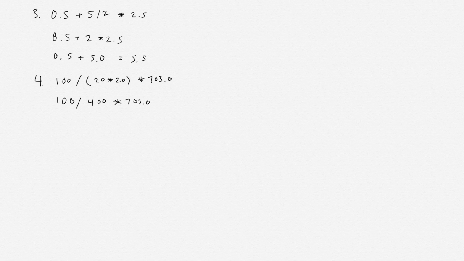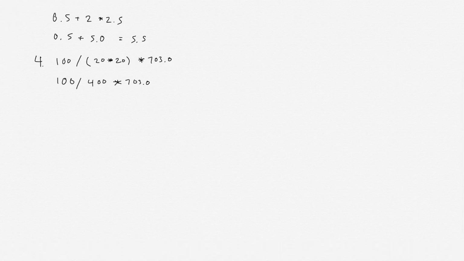Now, since we have division first, and division and multiplication are on the same level of precedence, we go left to right, and division's on the left. So 100 divided by 400, we're dividing an integer by an integer, so we're doing integer division. And that's just 0, because the remainder is 100, but just dividing it, you get 0. So you get 0 times 703.0.